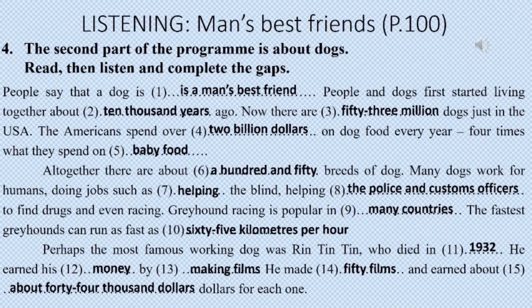And he earned about $44,000 for each film. A rich dog indeed. Well done, everyone. Now you know why dogs are really man's best friend. Which fact surprised you most? The number of breeds or how much Rin Tin Tin earned?